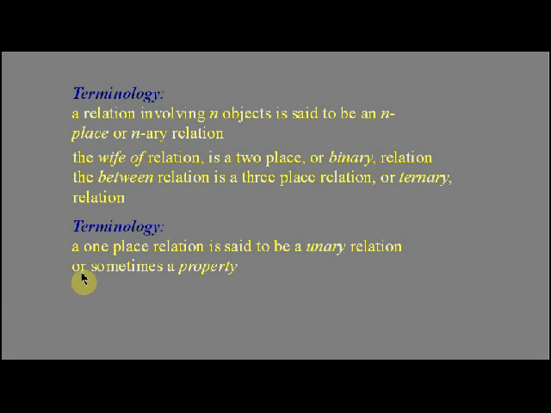Another piece of terminology here: a one-place relation, because there's no need to limit this n to numbers greater than 1. A one-place relation is said to be a unary relation. Now, unary relations are things that we are more familiar with in everyday life as properties.